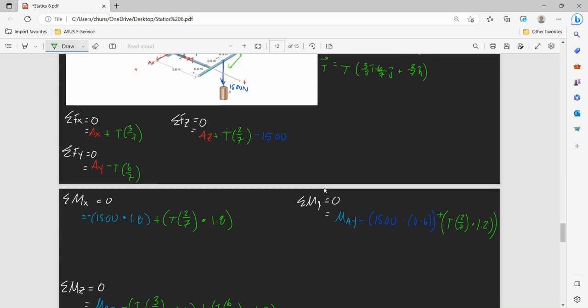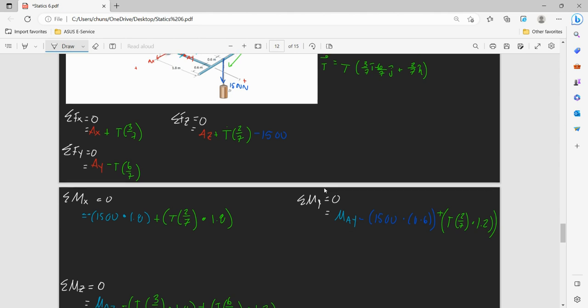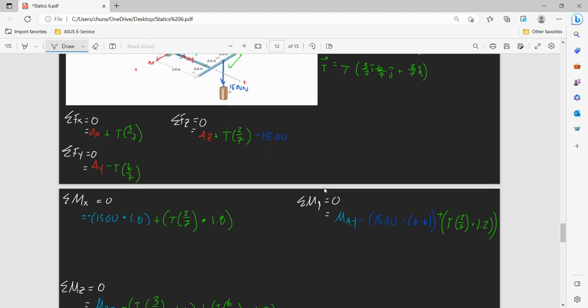Okay, so now we can start solving. So I'm going to start solving for moment at x because we have one unknown, so we can solve T first. And that means we can solve for our moments. So when we move that to the other side, it's 1500 times 1.8.